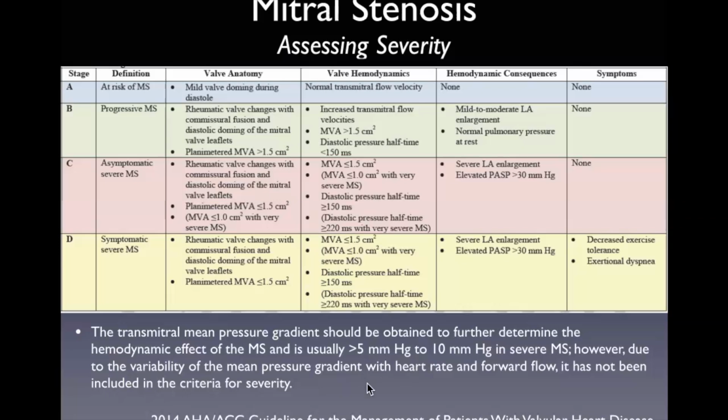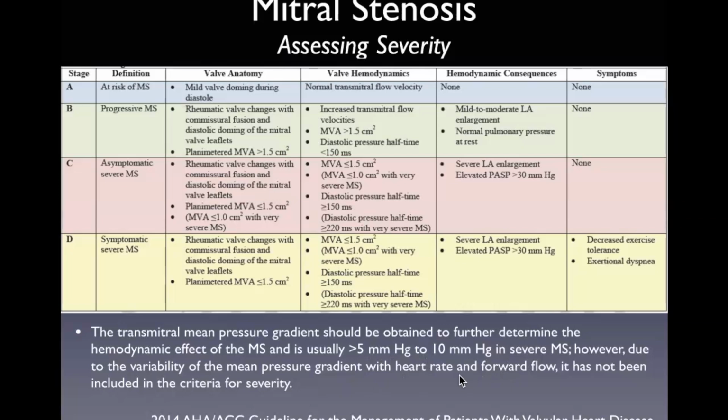You use the gradient to determine severity, but you recognize the caveats behind that gradient. The reason they took it off is that we know the transmitral gradient, while it's usually greater than 5 to 10 in severe MS and usually greater than 10 in true severe mitral stenosis, has lots of variability depending on the heart rate and the forward flow, the stroke volume that goes through that mitral valve. Because of that, it wasn't directly included in the criteria for severity.